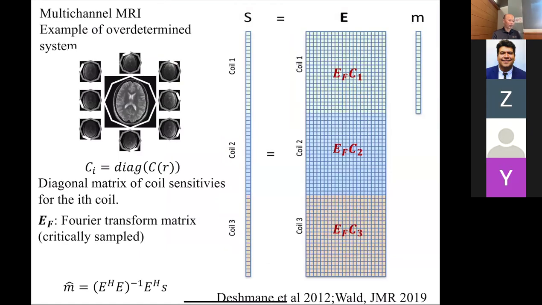And so the first case is where you actually have a bunch of these coils and you're not trying to go faster or anything. You're just saying, how should I combine these coils? And so this leads to this overdetermined system of equations where each of these is telling you the coil sensitivity. They're actually telling you something: if a certain coil doesn't see anything, then it means there must not be any signal that close to it.